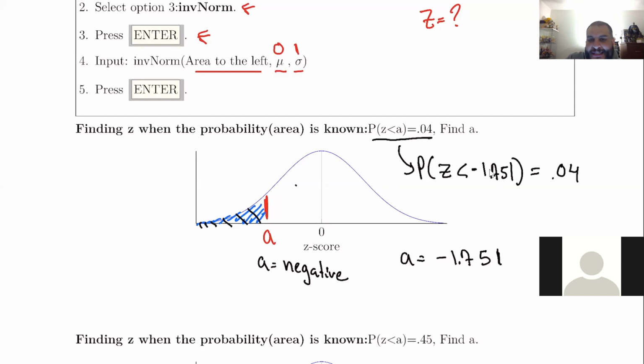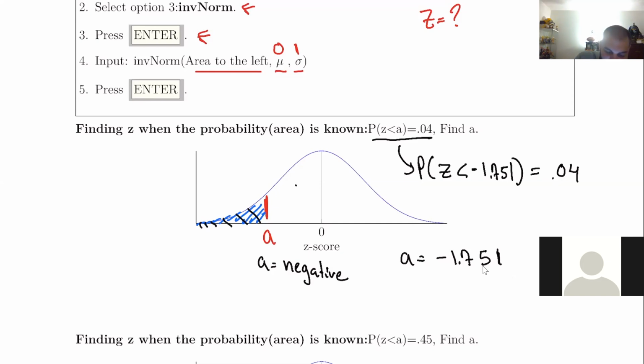So the probability Z is less than negative 1.751 is 0.04. Your final answer should be negative 1.751. That's how you go from a percentage to a Z value. Any questions on how I got A equal to negative 1.751?